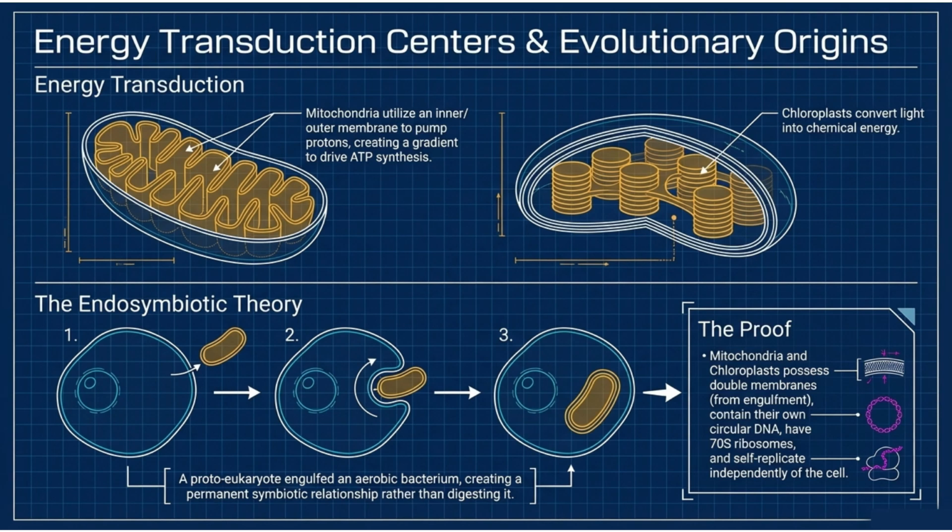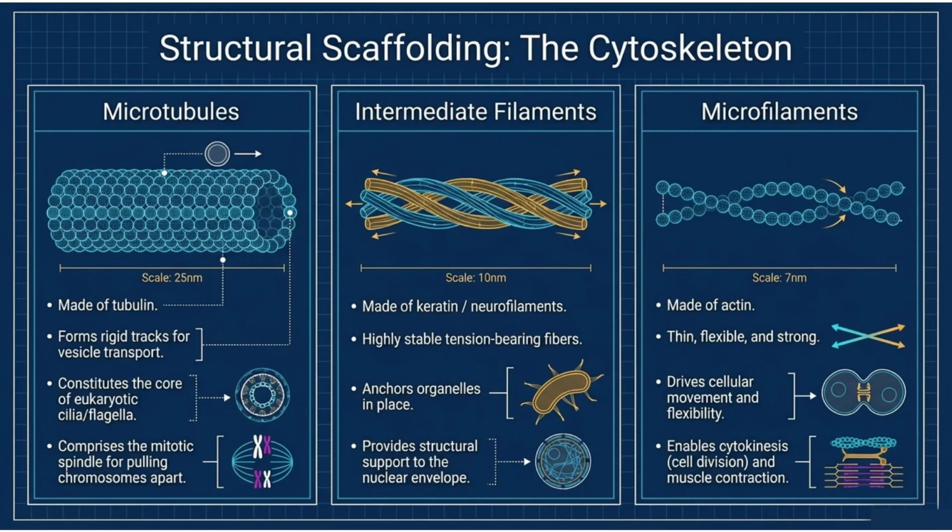Providing structural support, facilitating movement, and organizing cellular components is the cytoskeleton, a dynamic network of protein filaments. It comprises three main types: microtubules, which are 25 nanometers in diameter and made of tubulin, act as rigid tracks for intracellular transport, form the core of cilia and flagella, and are crucial for the mitotic spindle.